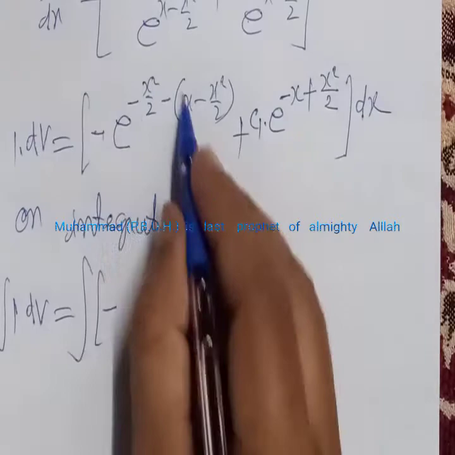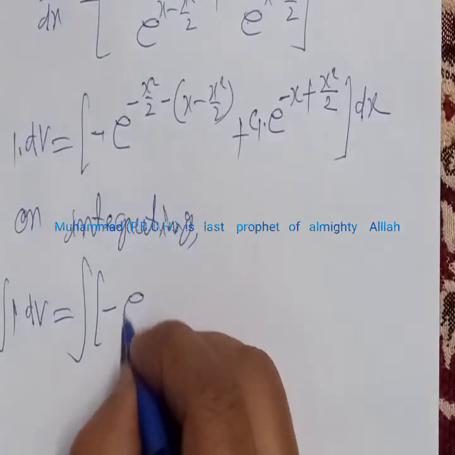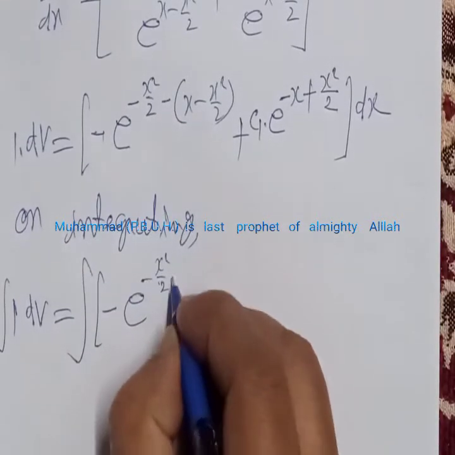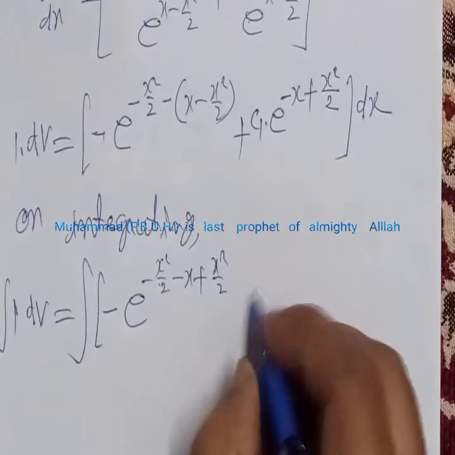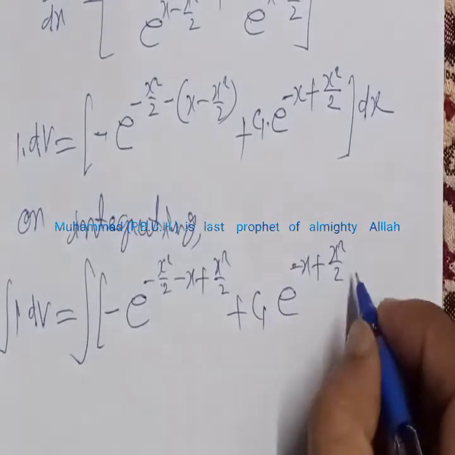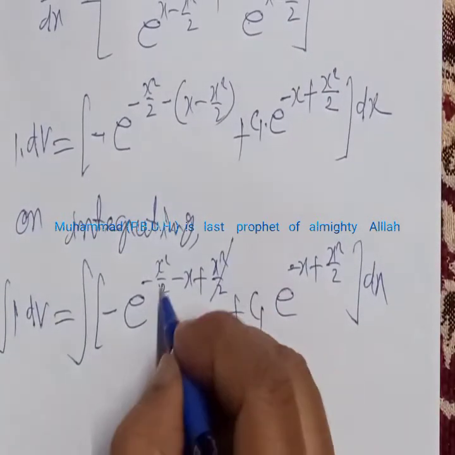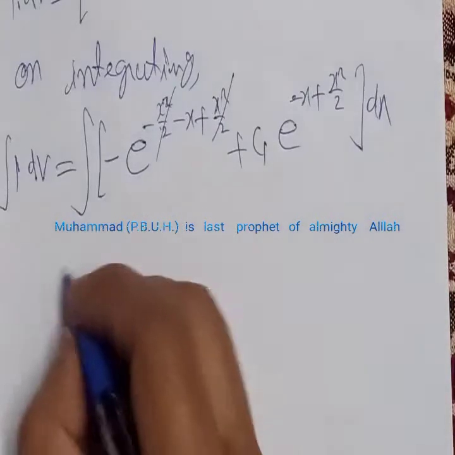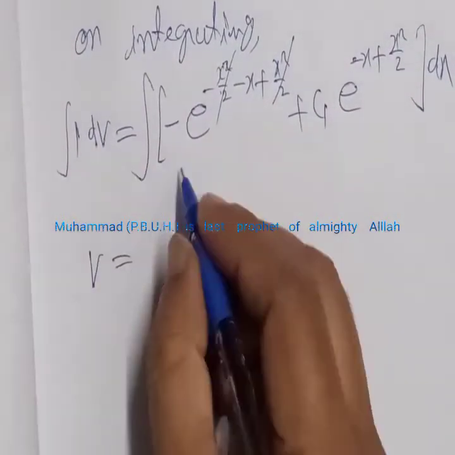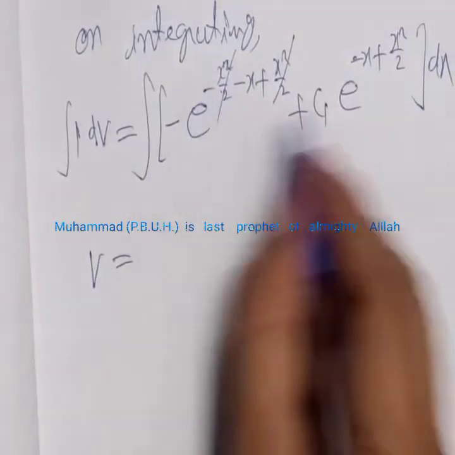Here we are seeing that on opening this bracket, e to the power minus x plus c1 e to the power minus x plus x square by 2 dx, where x square by 2 and minus x square by 2 cancel out. Integration of 1 with respect to v is equal to v, and now we integrate term by term.